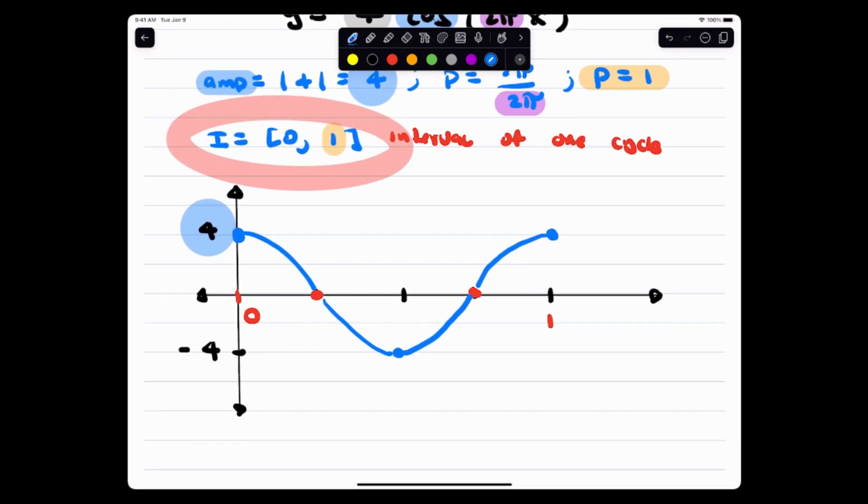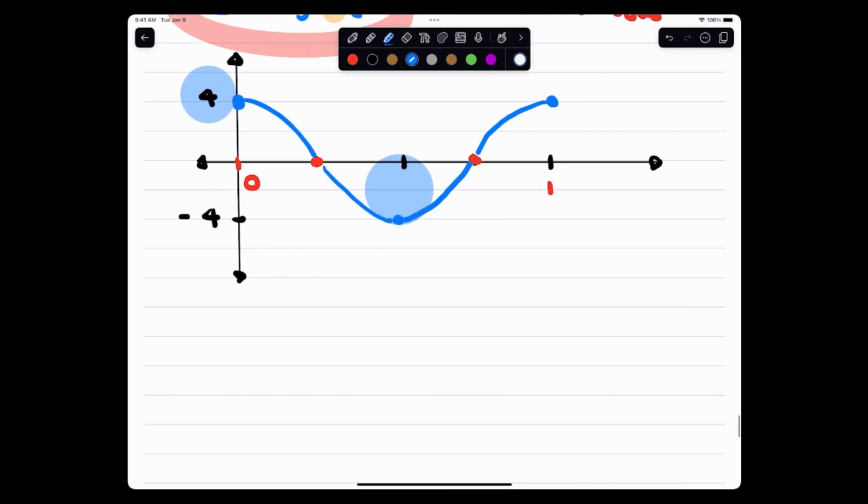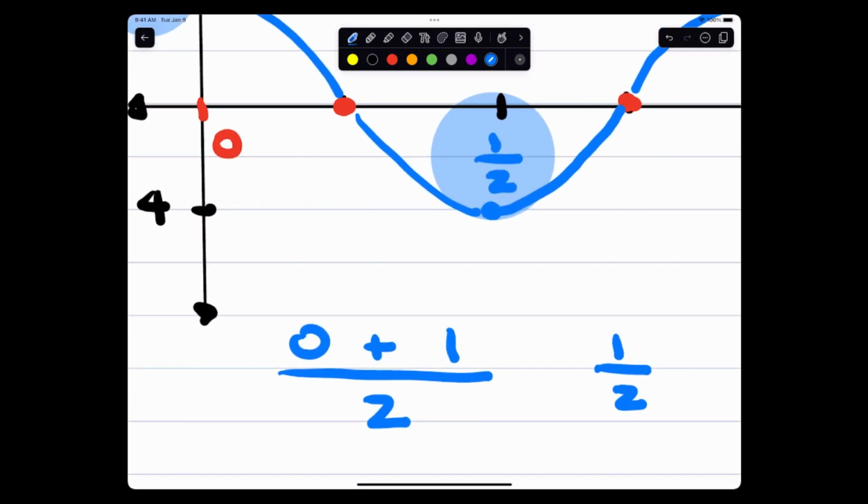Okay. So I want to make sure you guys know here we need that first value that's midway between 0 and 1. So what is midway between 0 and 1? How do you find that? You take 0, you add 1, you divide by 2. Isn't that the midway formula we talked about? And then that gives you 1/2, because 0 plus 1 is 1. There's 1/2. Now, what's midway between 0 and 1/2?